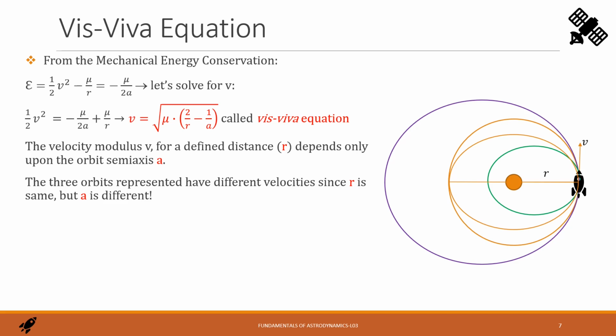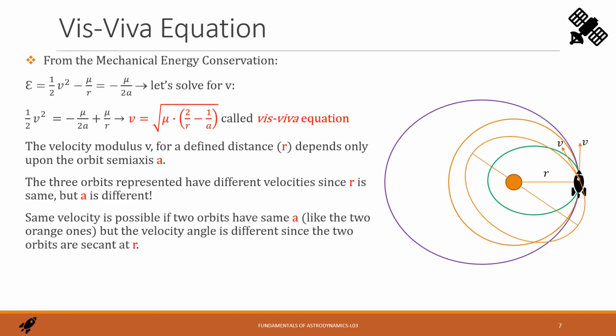This contradicts the first Kepler law. The only possibility to run such an orbit is that its apsidal line is rotated like in the picture. In this case, the velocity modulus can be the same, but the two velocities have different angles.